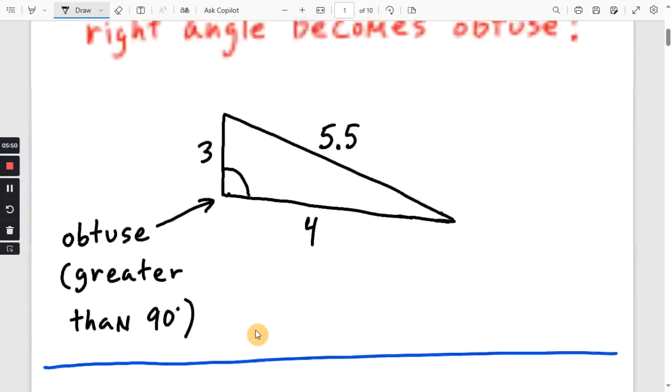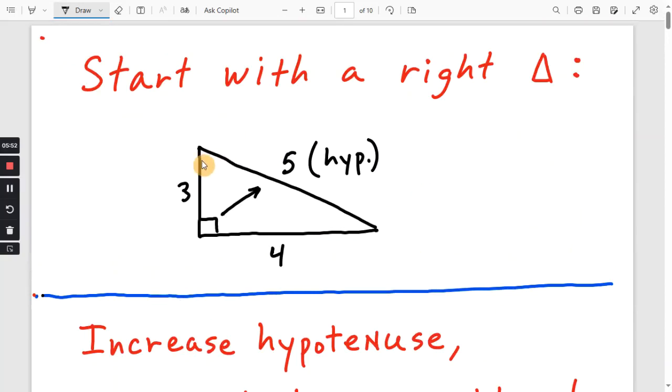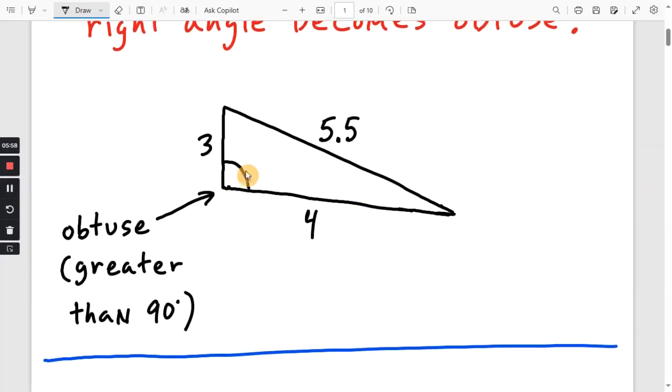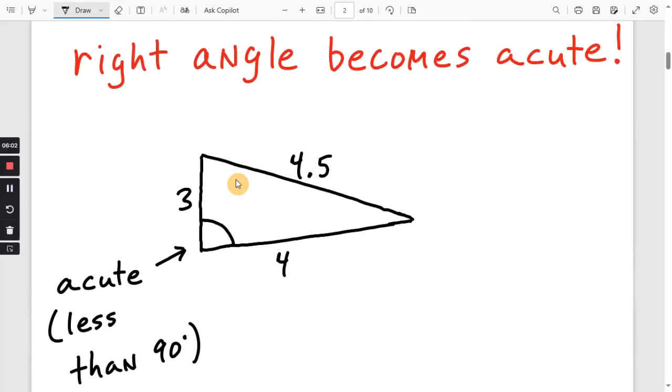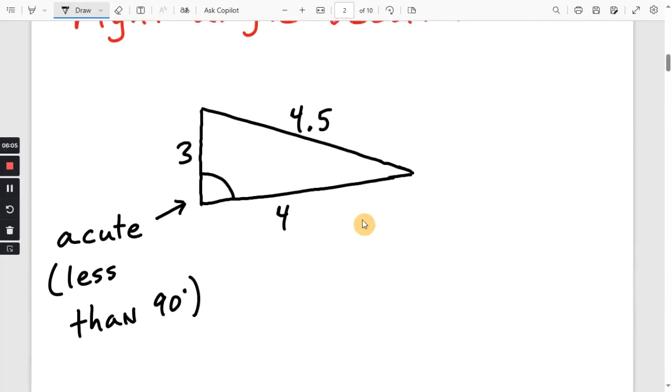When you start with a right triangle, the other two angles are already acute, already less than 90. So here, an obtuse triangle just has one obtuse angle. And an acute triangle actually has 3 acute angles. But the point is, if you make the hypotenuse shorter, the right angle becomes smaller, and it's going to be acute instead of right.